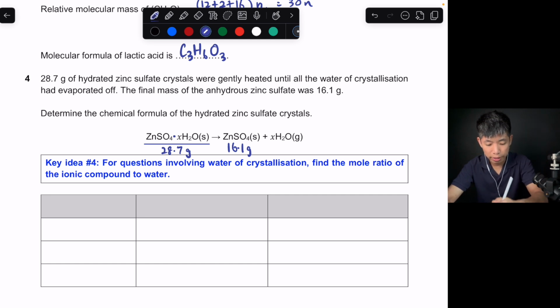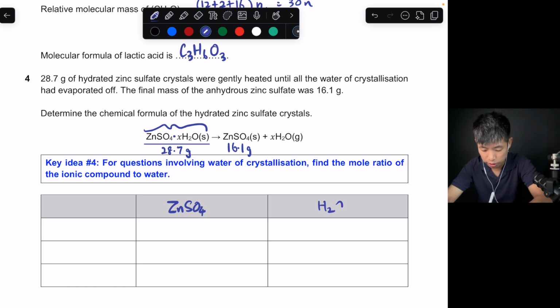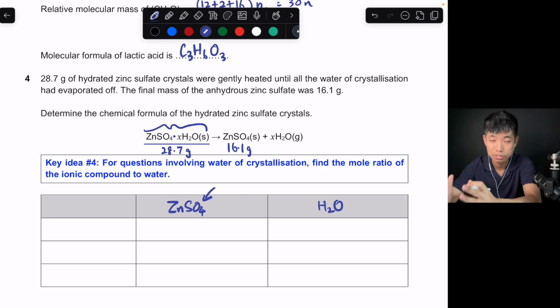So in finding the formula, I'm interested to know the ratio of zinc sulfate to water. This time around, you see, I'm not putting the ratio of atoms of an element because I'm interested to find out the ratio of the anhydrous salt to the water of crystallization. So I'll put those as the column headings instead.